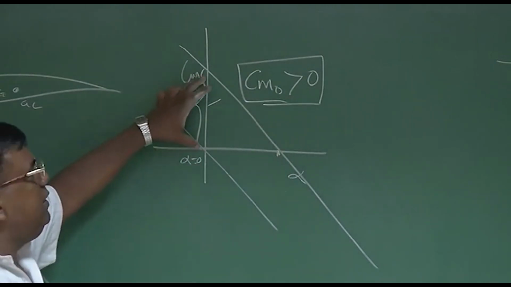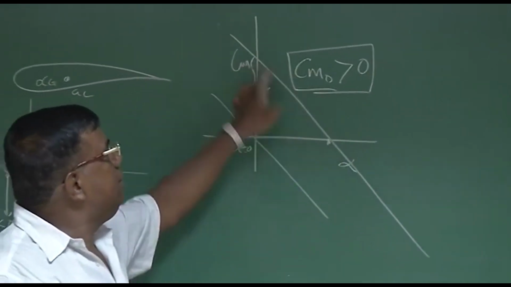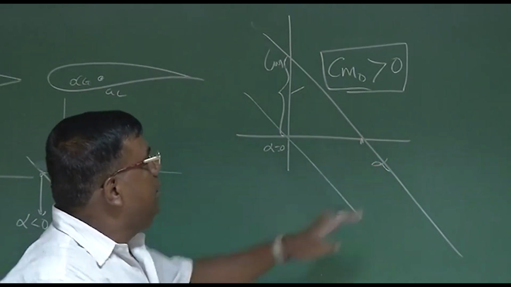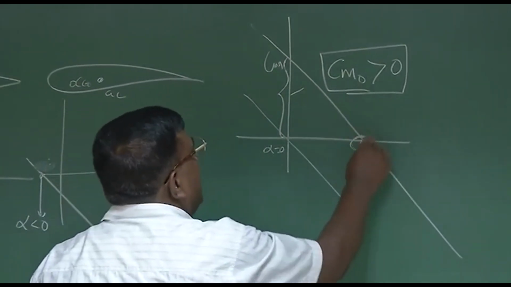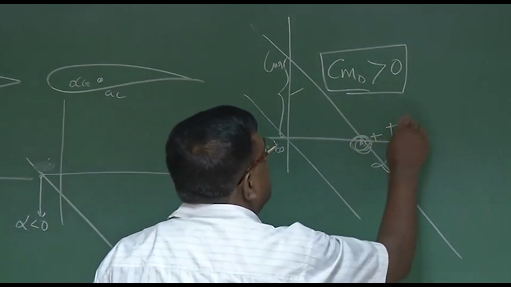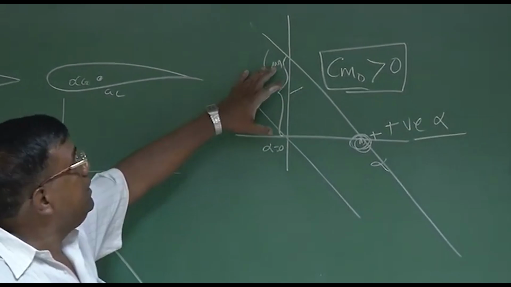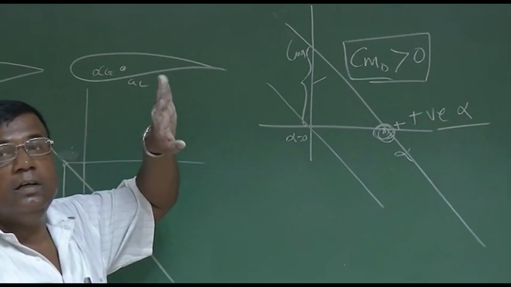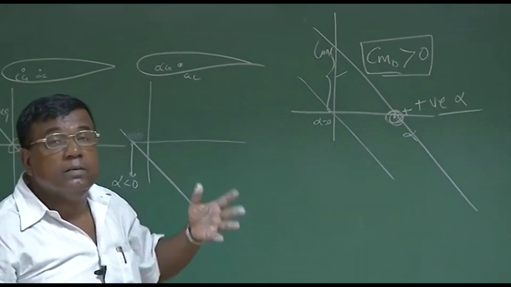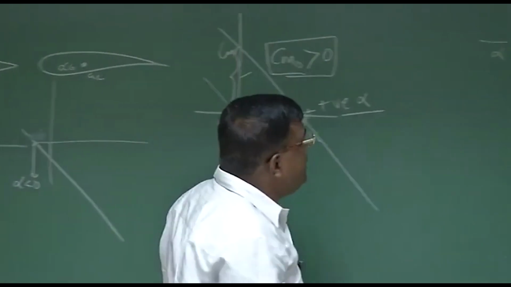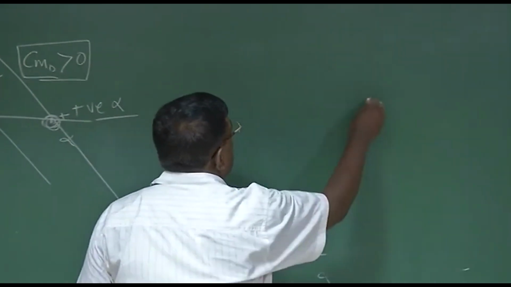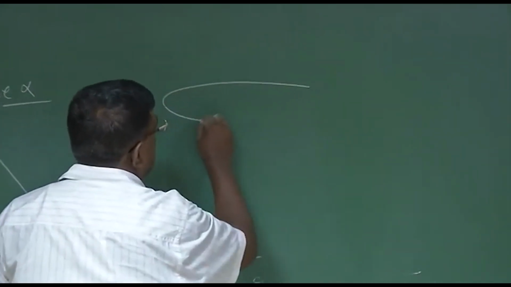If I have a positive intercept and dCm by d alpha is less than 0, then I can fly at this positive alpha, right? So I have to somehow generate Cm naught, but Cm at alpha equal to 0 to be positive. What do I do? Now I check another configuration, which is like this.